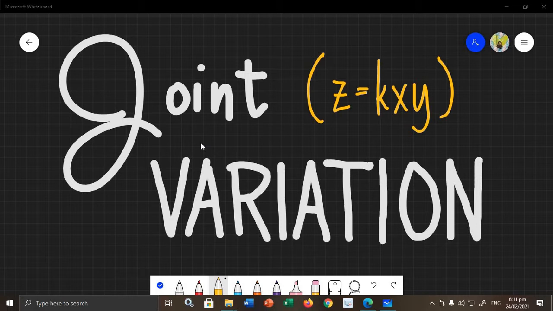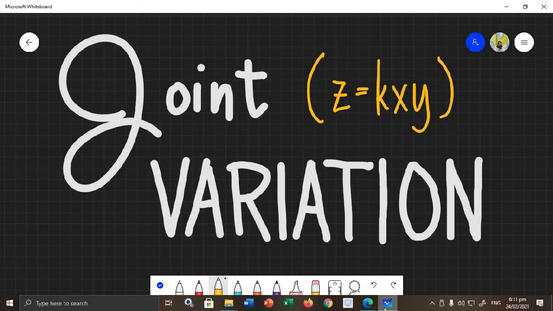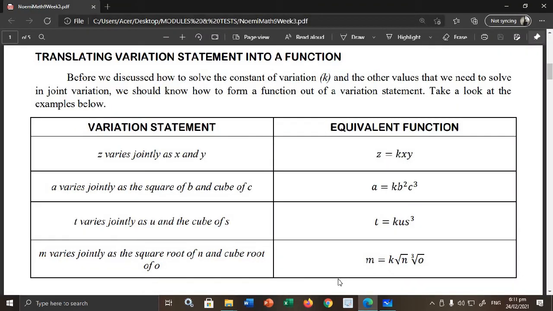And these variables can be other letters in the alphabet. So before we solve problems regarding joint variation, let us translate variation statements into their equivalent functions, just like what we did when we learned about direct and inverse variation.